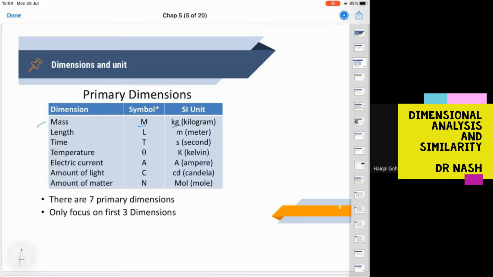And then we have length, meter, and the symbol for the dimension is L. Time, the symbol is T, and the unit is second, s. Temperature is theta as the symbol. Otherwise we get confused with time. T in this topic refers to time, not temperature.